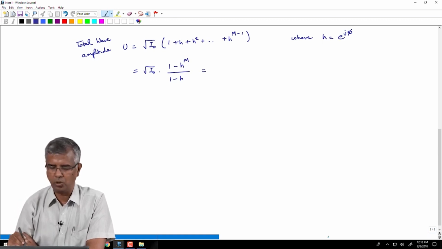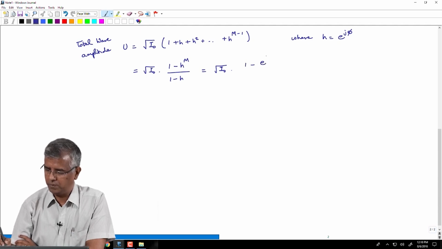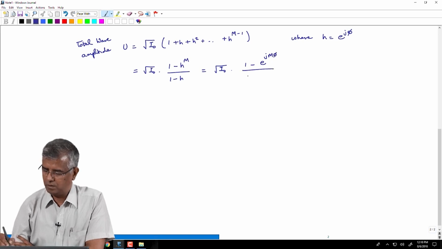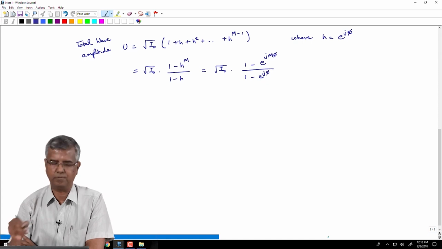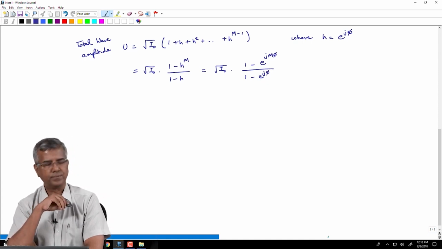And now I can go back and substitute what h means. So, this is root of I naught multiplied by 1 minus e power j M phi divided by 1 minus e power j phi, correct.